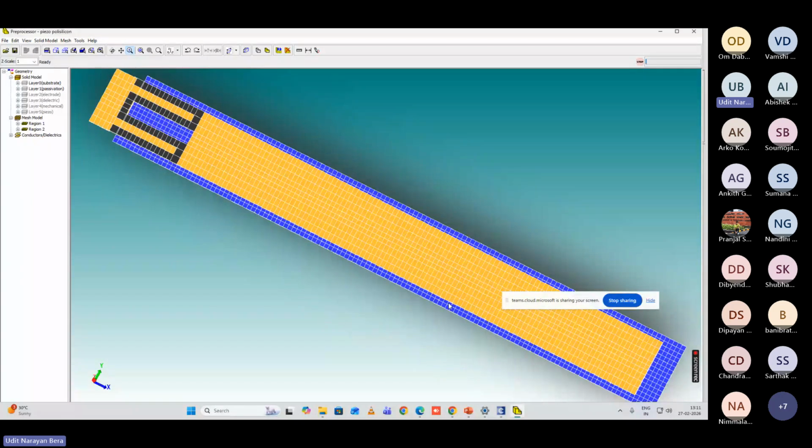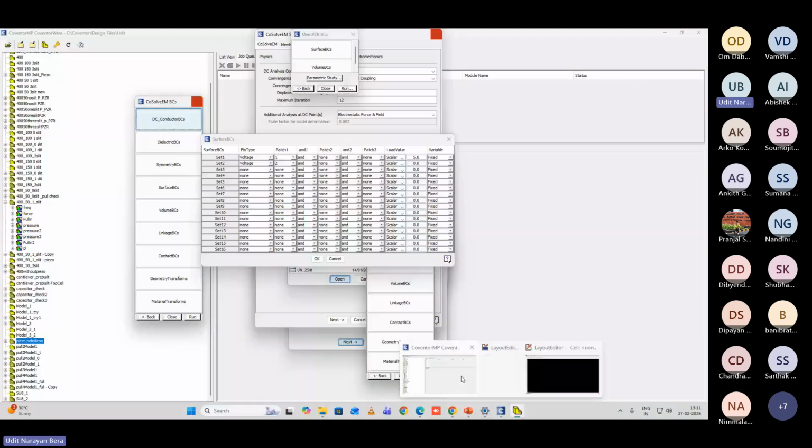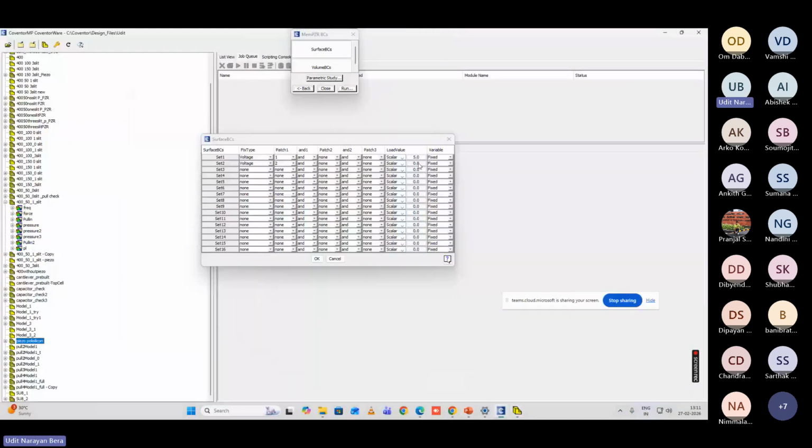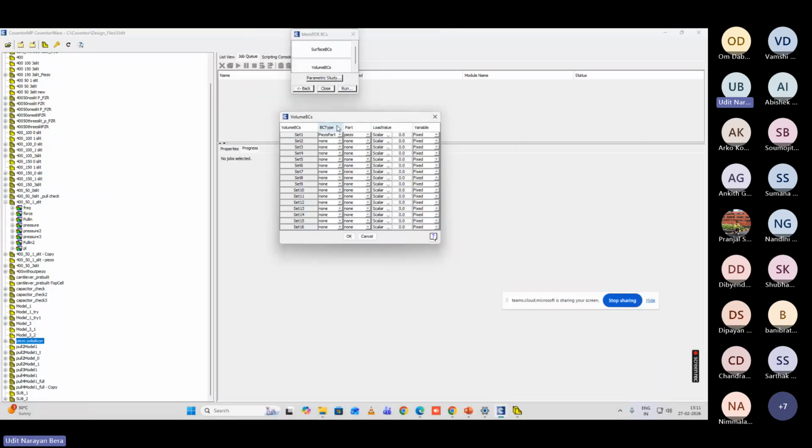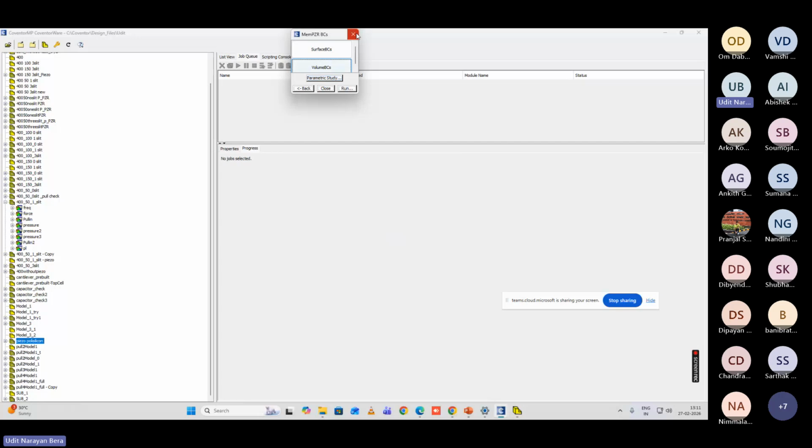Okay, so that's how, here one is 5 volt, another one is 0 volt. That is our surface boundary condition. And about the volume boundary condition, you can see that I am assigning that piezo portion as the piezo part. That's it. Okay, so that's how I run the piezo solver, and you will get that kind of result.